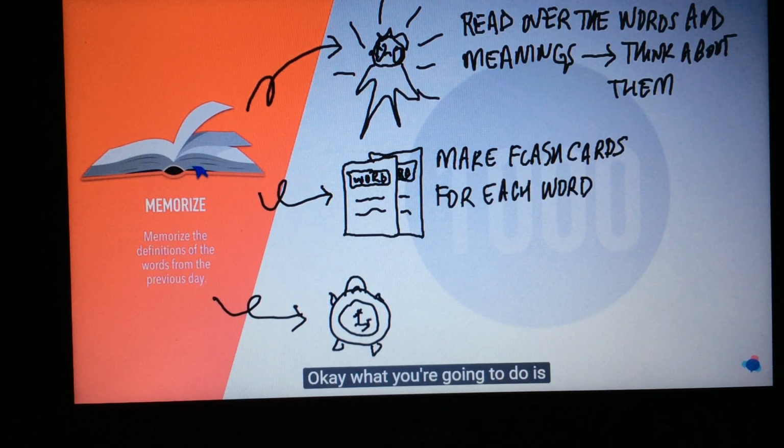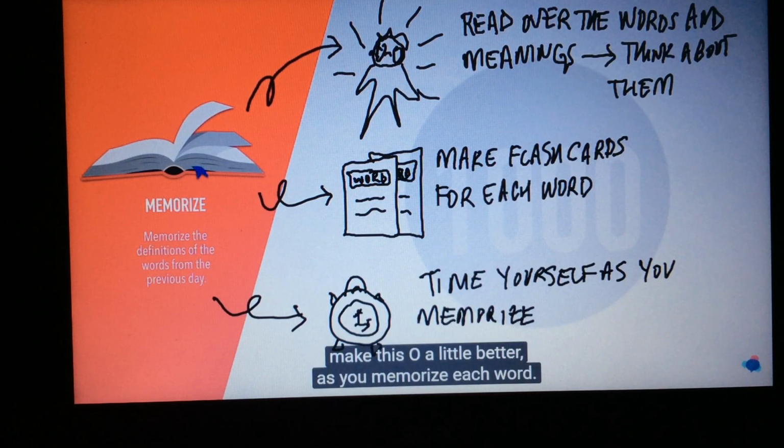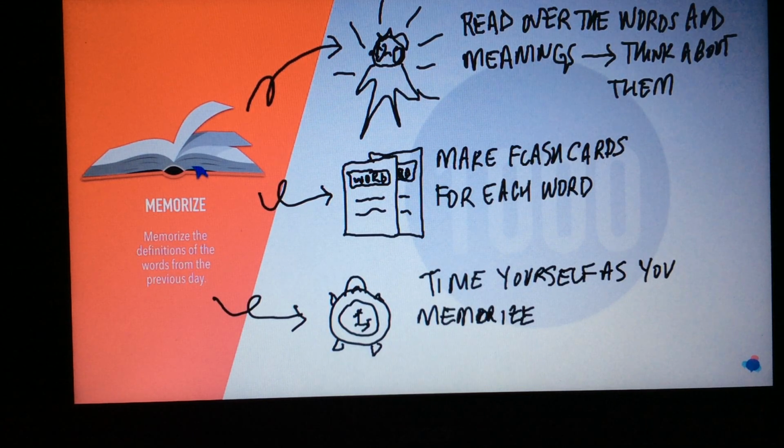Okay, what you're going to do is time yourself as you memorize each word.